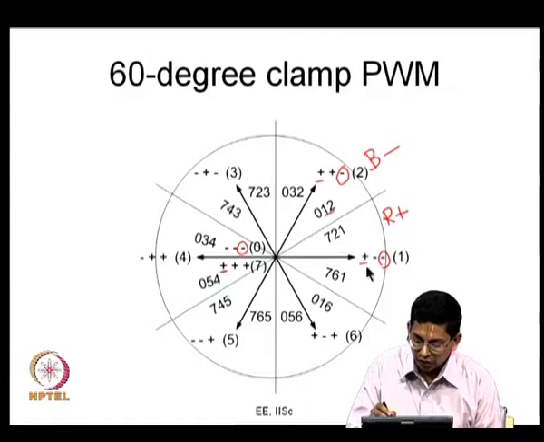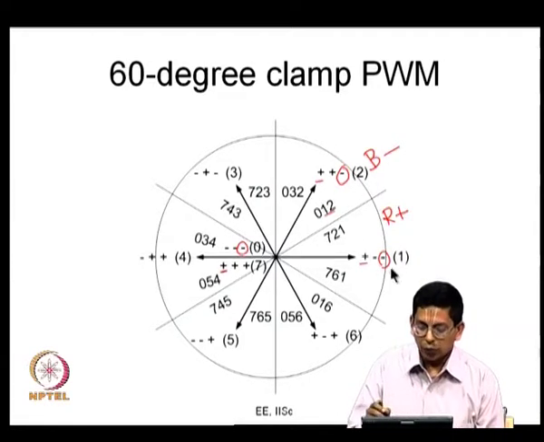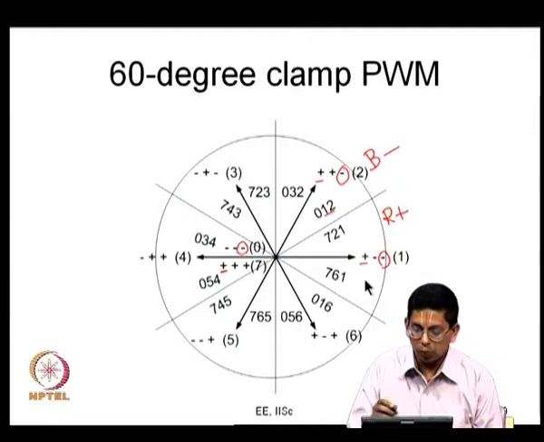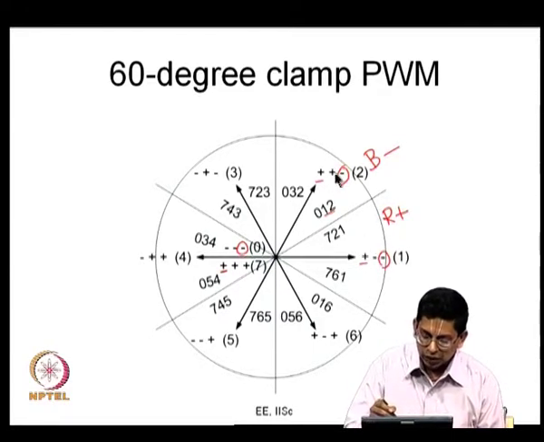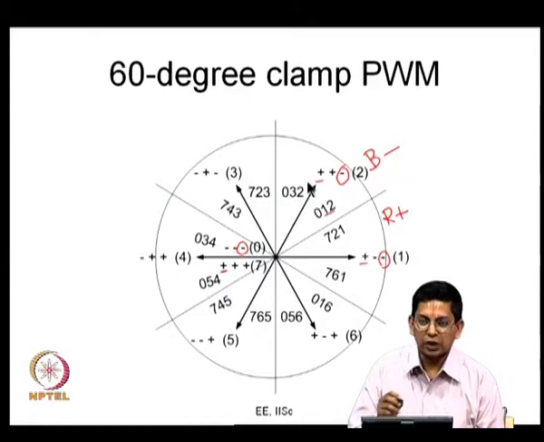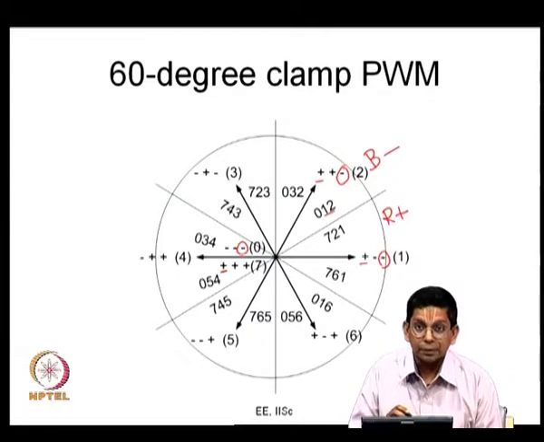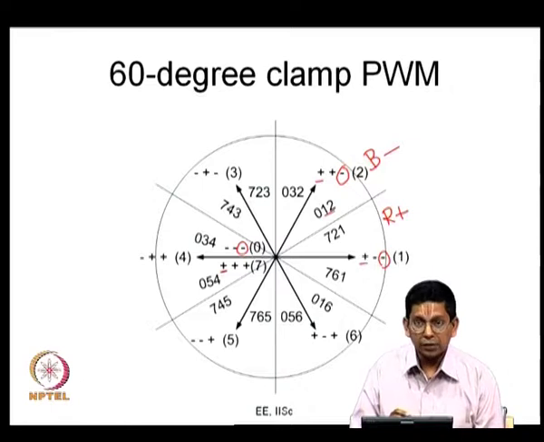In either case, Y phase has to switch. Why? Because you have active vector 1 and active vector 2. If you want to make a transition from active vector 1 to 2 or from 2 to 1, you have to switch Y phase, and both these active states have to be applied. You see it is plus minus and you see it is plus minus, and therefore, Y phase always has to switch and it cannot be clamped. What can be clamped?